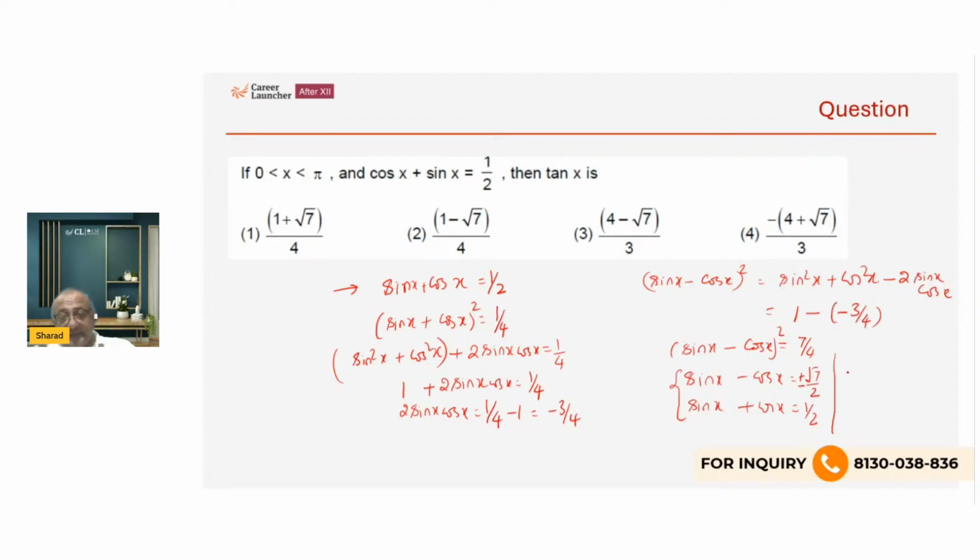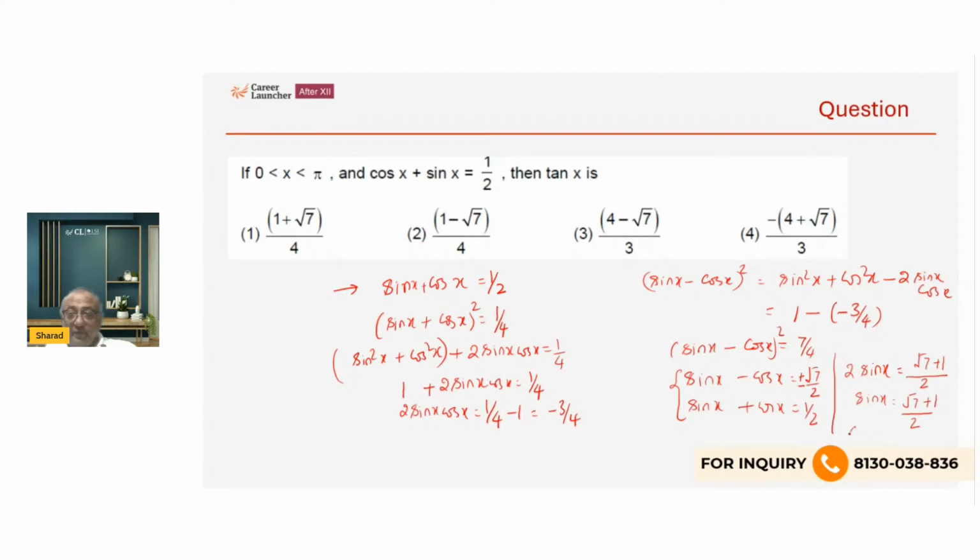If I add these two, cos x will get terminated and I'll get 2 sin x equal to root 7 plus 1 by 2. So sin x is equal to root 7 plus 1 by 4.